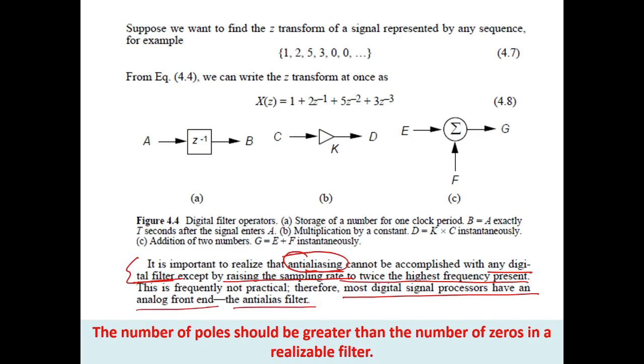the anti-alias filter. So, if the manufacturer is saying in your data acquisition card that it can be used for a frequency up to 500 hertz, that means it has already implemented one band limiting filter. In this case, it is basically the low pass filter.